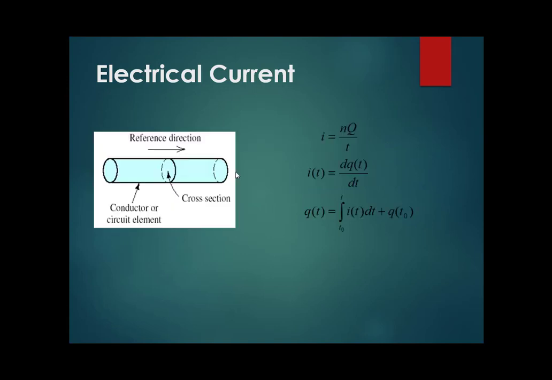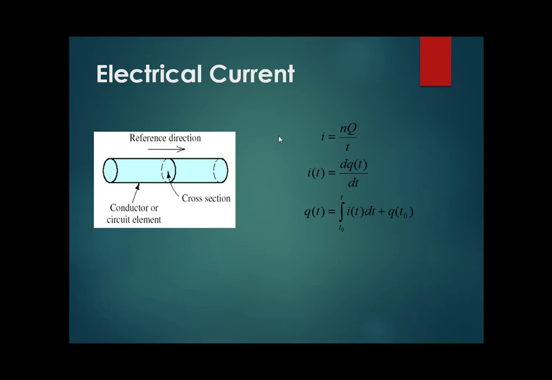So you see in this diagram the direction of current. On the right side you see that I equals NQ by T. In derivative form, I equals dQ by dt, which means the rate of change of charge with respect to time, named amperes.